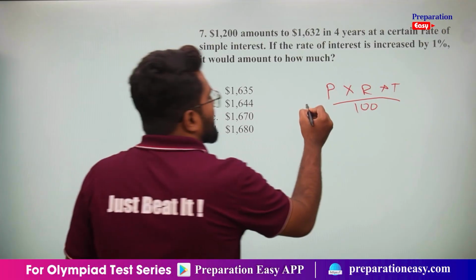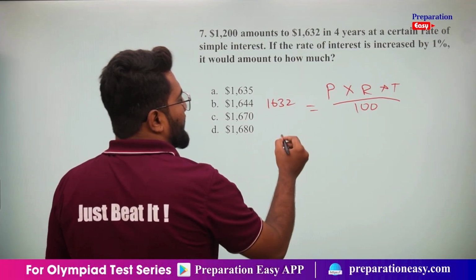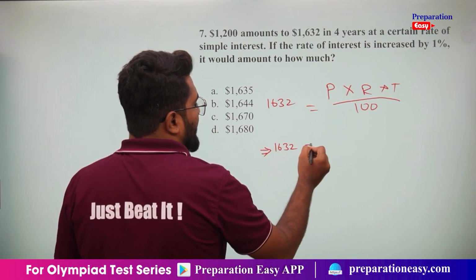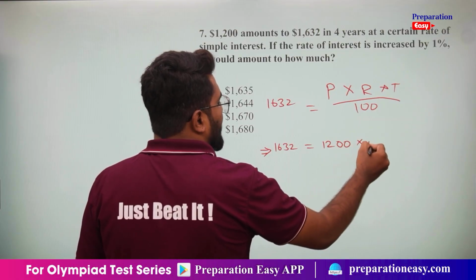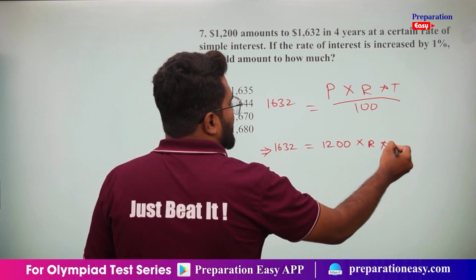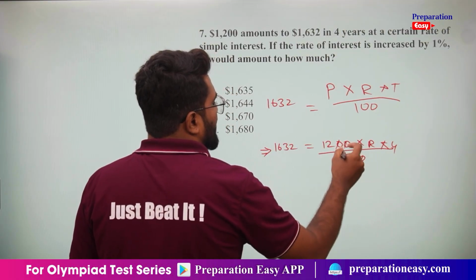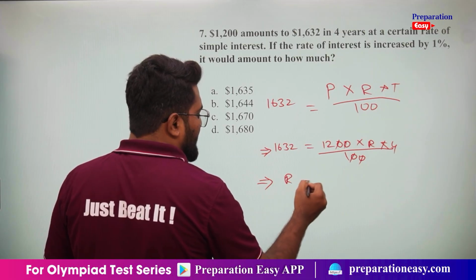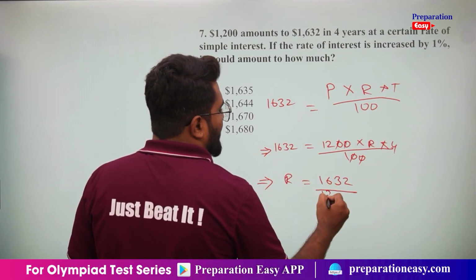It is total 1632 given. So I will directly put the values. 1632 equals principal 1200, rate to calculate, time 4, divided by 100.